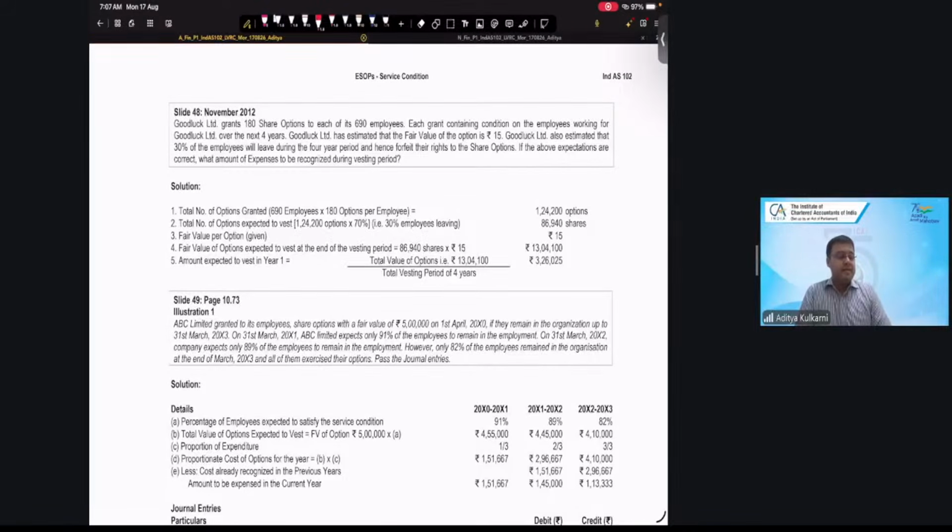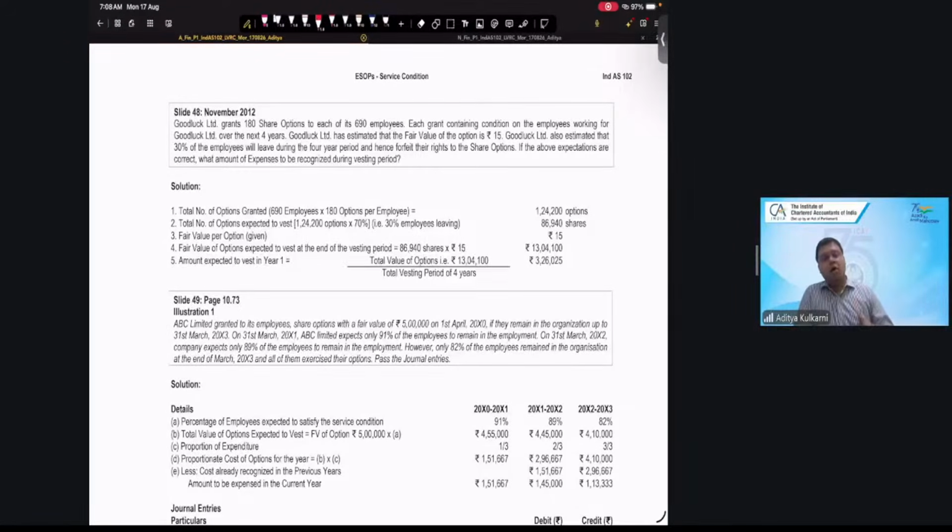Then you have the exercise period. The exercise period follows the vesting period. So vesting is over, then you can exercise, wherein you exercise the options and get the shares of the company. An employee can exercise during this period only. What is important to note is that an employee who completed the vesting period and left the organization also can exercise the options during this period.